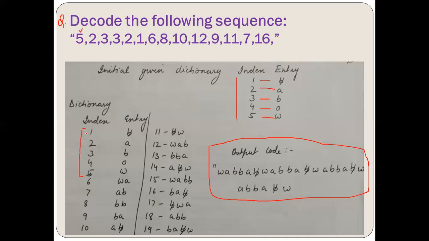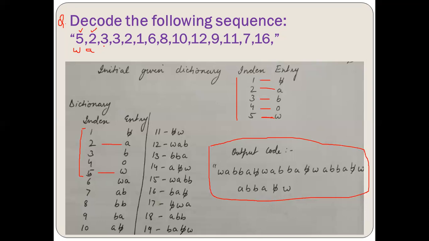So let's check in the given dictionary, index 5. 5 is for W. So I'm going to just write W for this. Next is 2. So let's see, 2 is for A, right? So I'm going to write A.